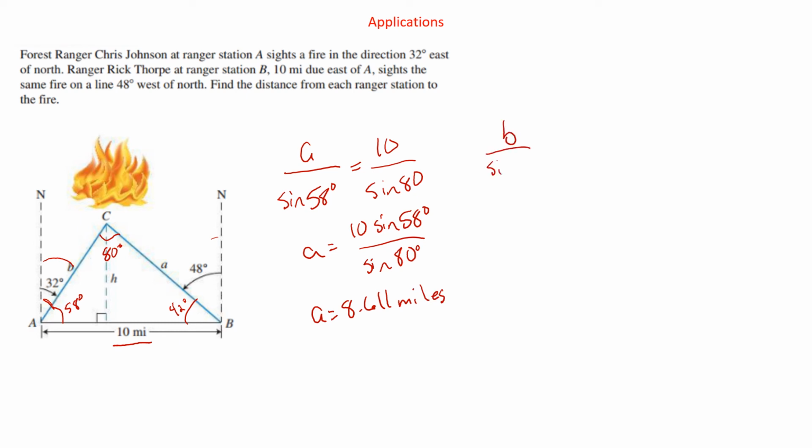B over sine of the angle opposite, 42 degrees, equals 10 over sine 80. Multiply the sine 42 over, so B will be 10 sine 42 over sine 80. Sine 42 is 0.67 times 10 divided by sine 80.